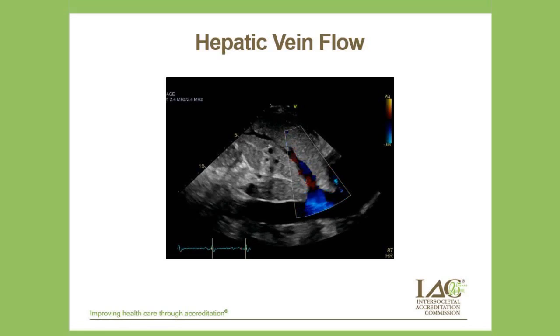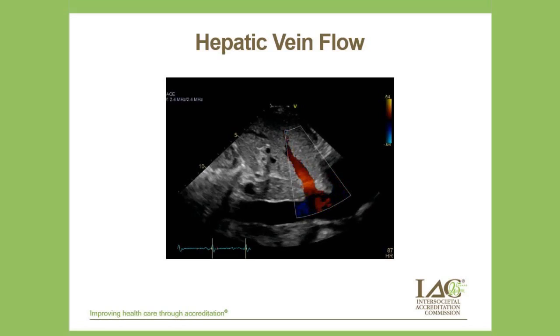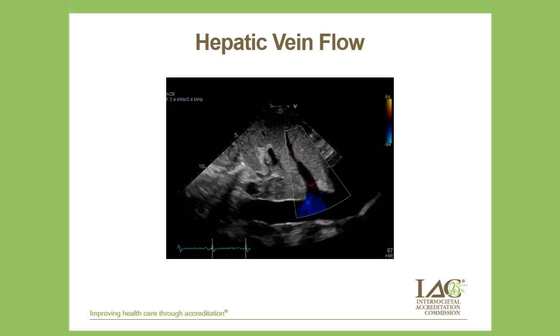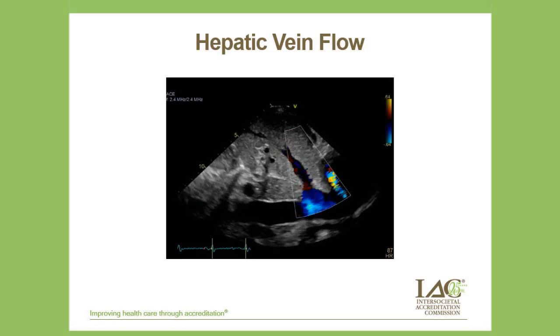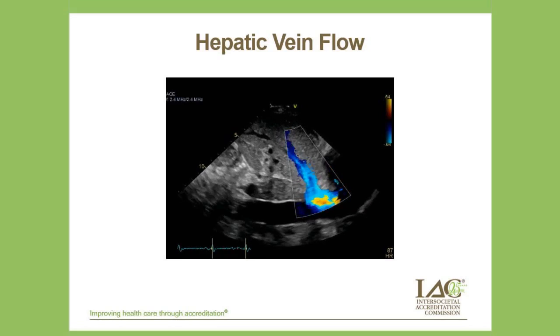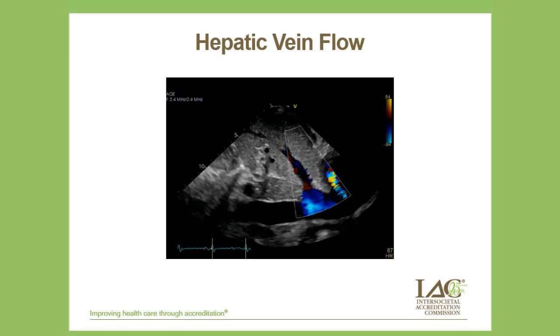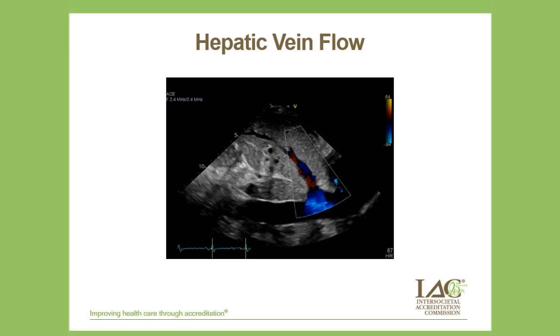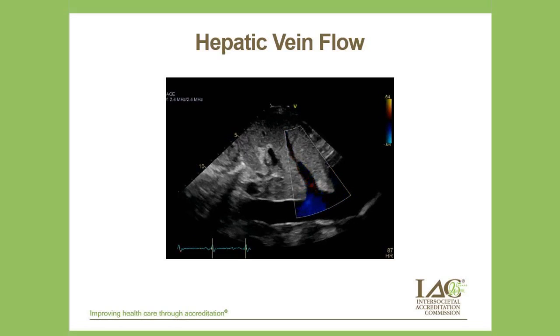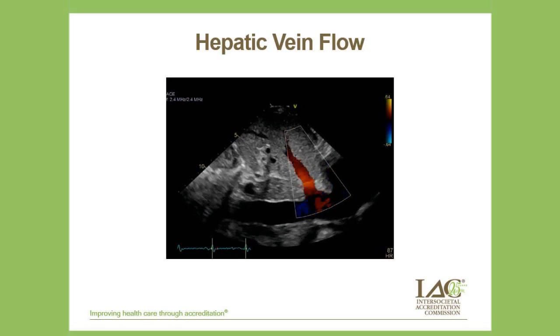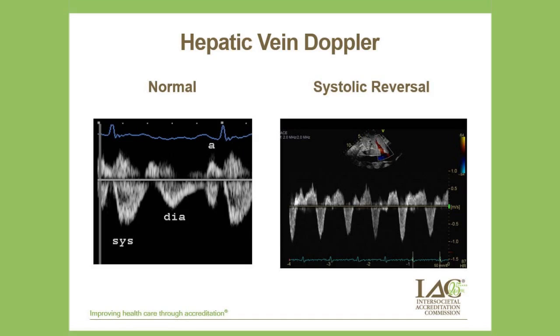You may need to drop down your color velocity scale a little bit to see that. In this one, you can notice that you see flow reversal back into the hepatic vein, which is going to be important when we look at what the spectral Doppler looks like on this patient.